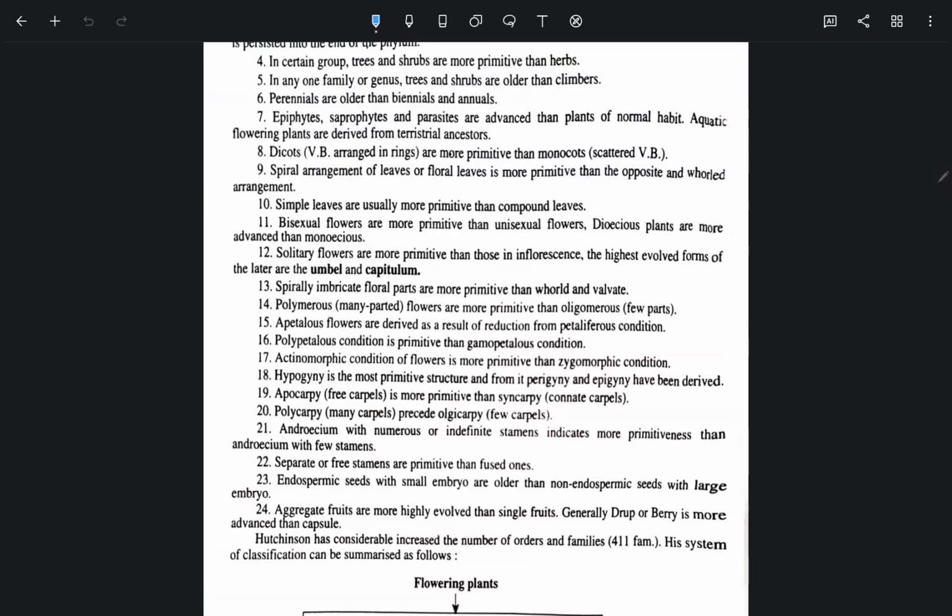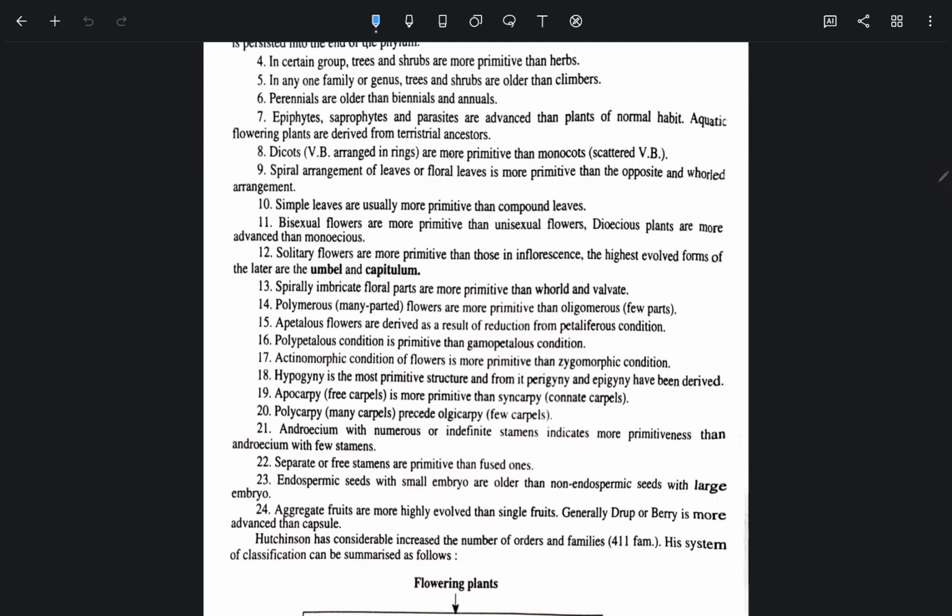Solitary flowers are more primitive than those in inflorescence. The highest evolved forms of the latter are the umbel and capitulum. Spirally imbricate floral parts are more primitive than whorled and valvate. Polymerous, many-parted flowers are more primitive than oligomerous.